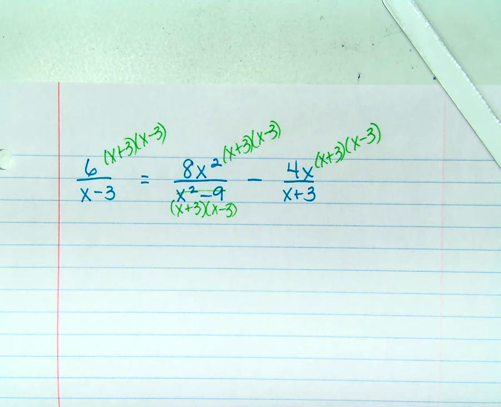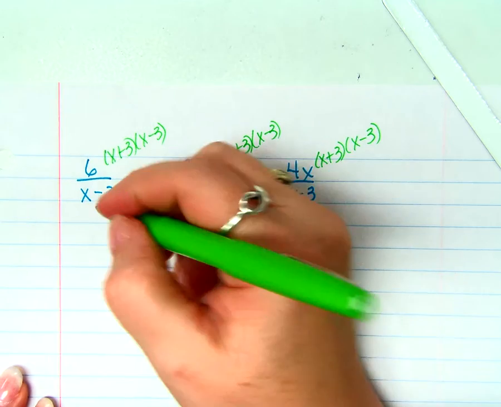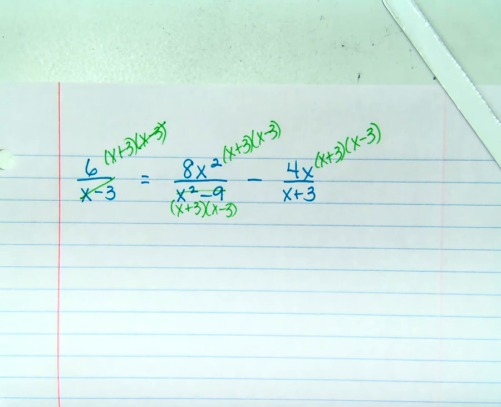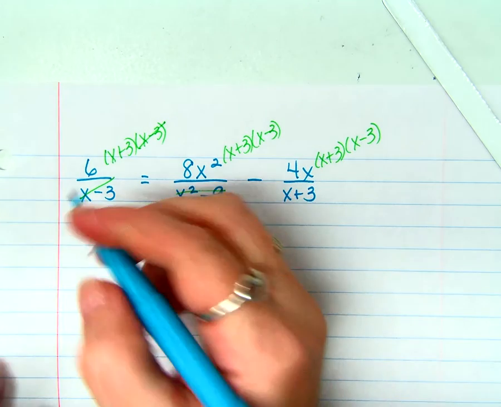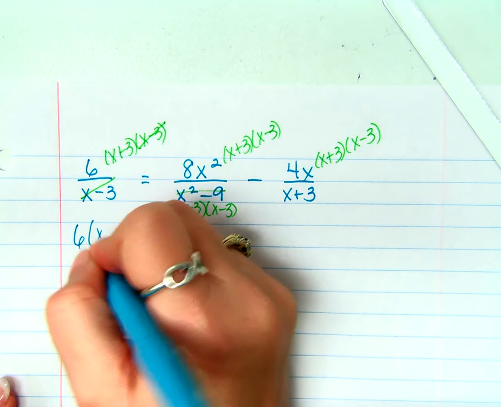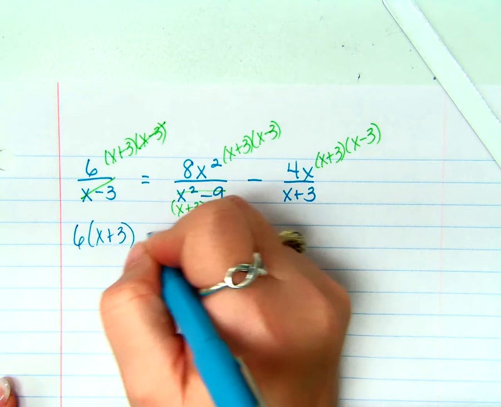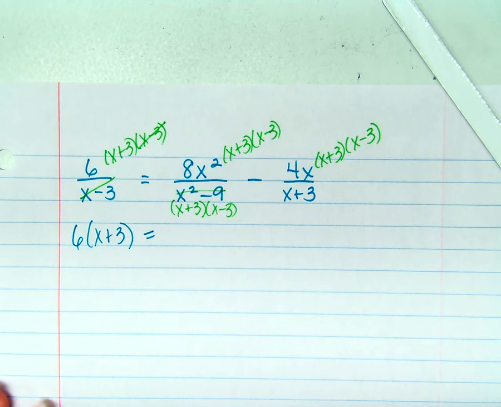What simplifies in the first fraction, if anything? X minus 3, x minus 3. What's left? 6 times x plus 3 equals, what cancels? Oh, excuse me. What simplifies, if anything?